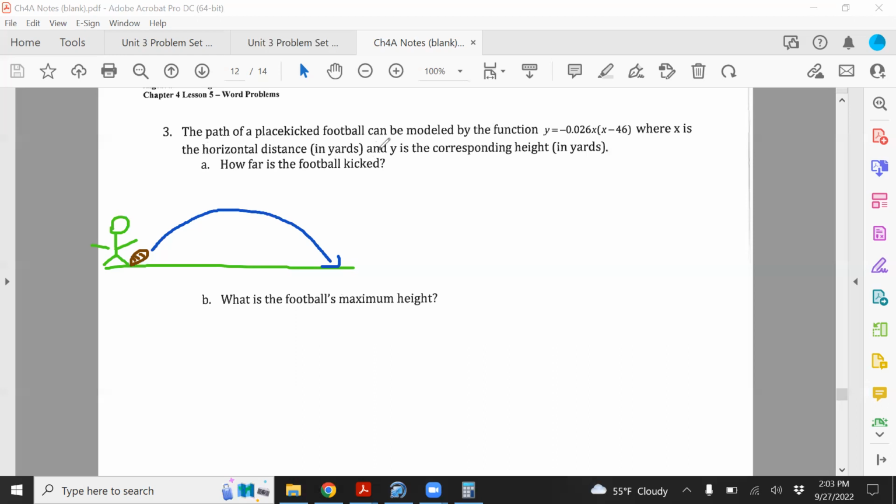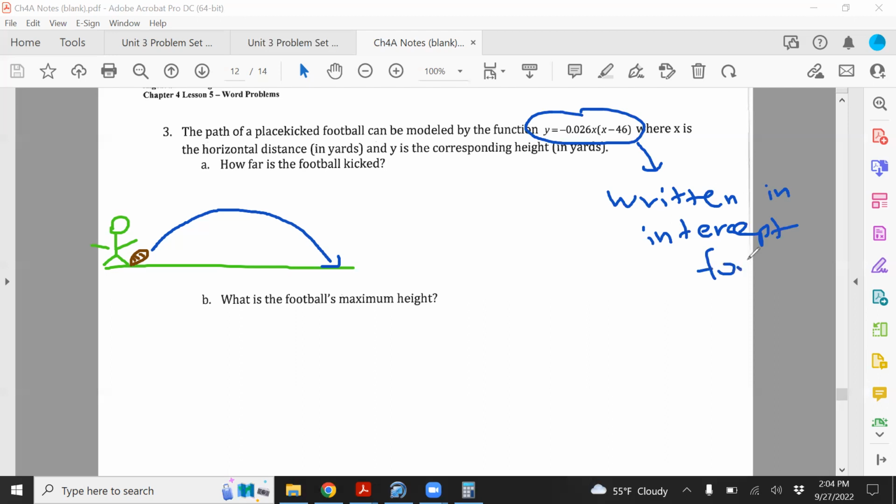All right. Anyway, so you kick the football, right? So that's what's happening. This can be written in intercept form. Actually, it is written in intercept form. You can think of it like this, if it helps.